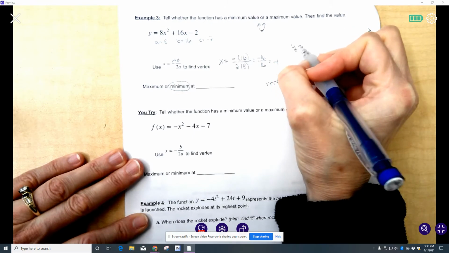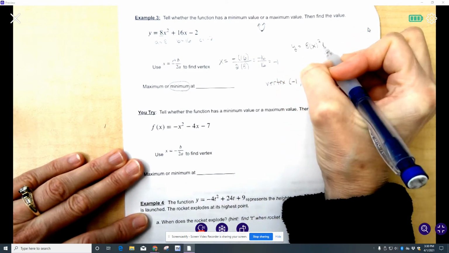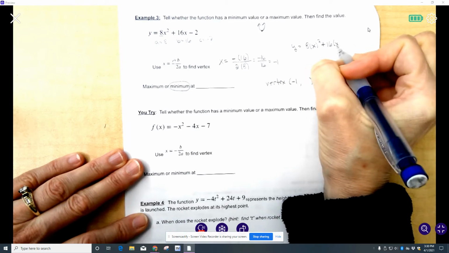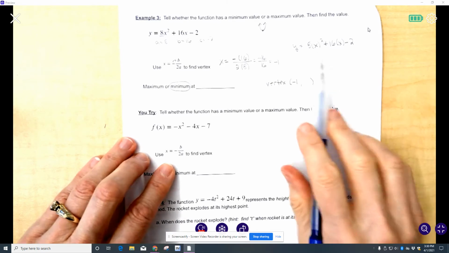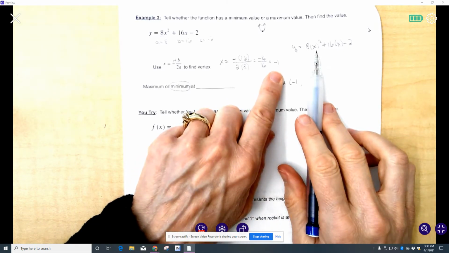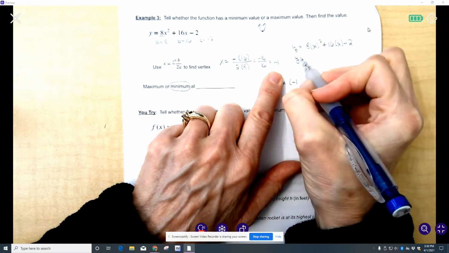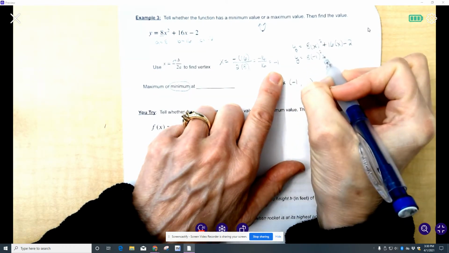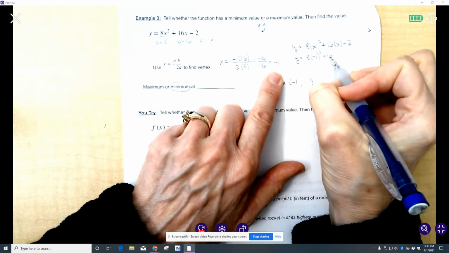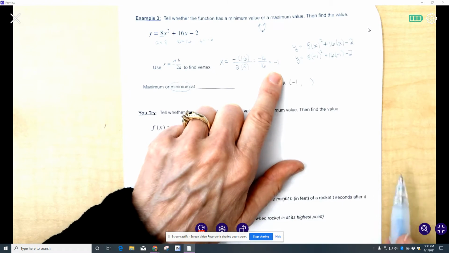So y equals 8x squared plus 16x minus 2. What I want to do is substitute x equals -1 into my equation. So we're going to have y equals 8 parenthesis -1 squared plus 16 parenthesis -1 minus 2.